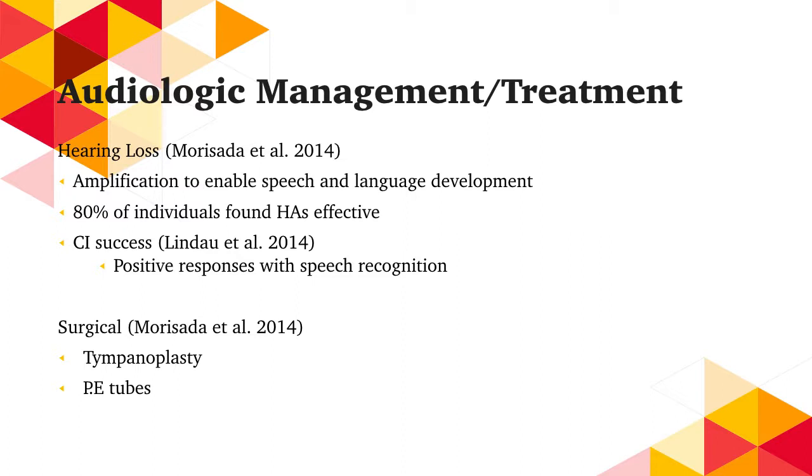Since there aren't a lot of other medical complications with these patients, except for the renal, success with cochlear implants has been shown, and these patients do experience success. That's important to keep in mind. There are also surgical management options, such as tympanoplasties and PE tubes for if there's a facial or palate abnormality.